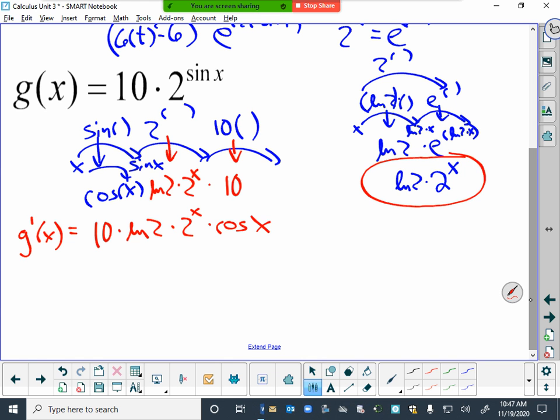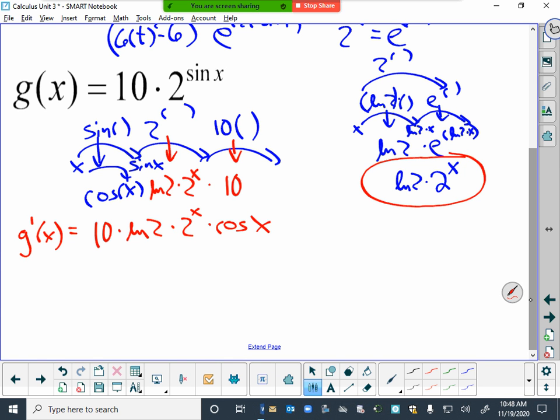Again, pausing every once in a while to contemplate how quickly we can come up with these derivatives of functions that, just looking at them, we probably have no idea what in the world the function would look like. But we can come up with an equation that will tell us what the slopes of all the tangent lines on that function are, and it doesn't take us long to do it.